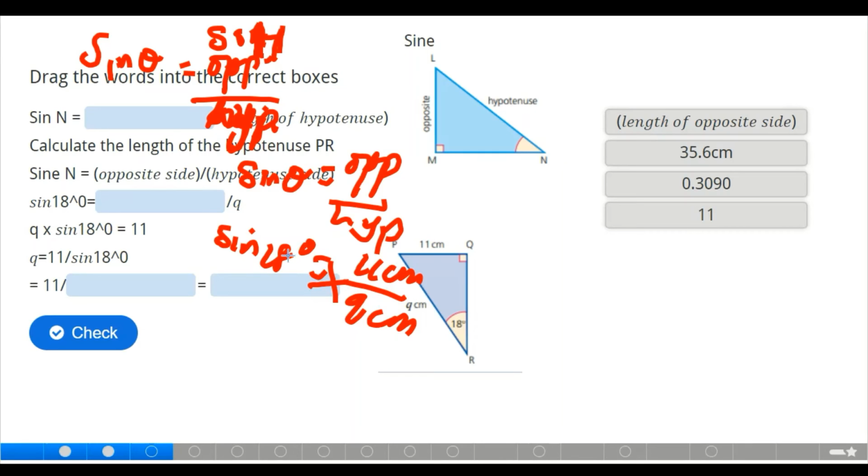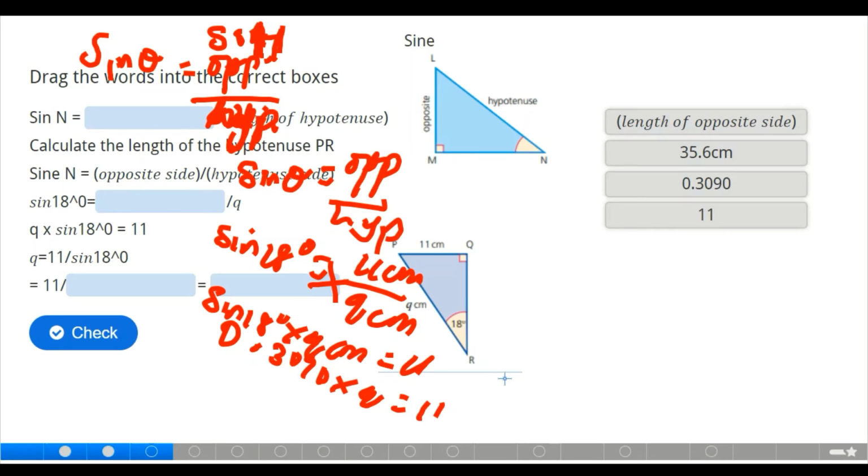So we cross multiply because we are looking for Q. So it's going to be sine 18 degree multiplied by Q centimeter equals 11. What is sine 18 degree? That is 0.3090. Then we multiply it by Q, equals 11 centimeters.